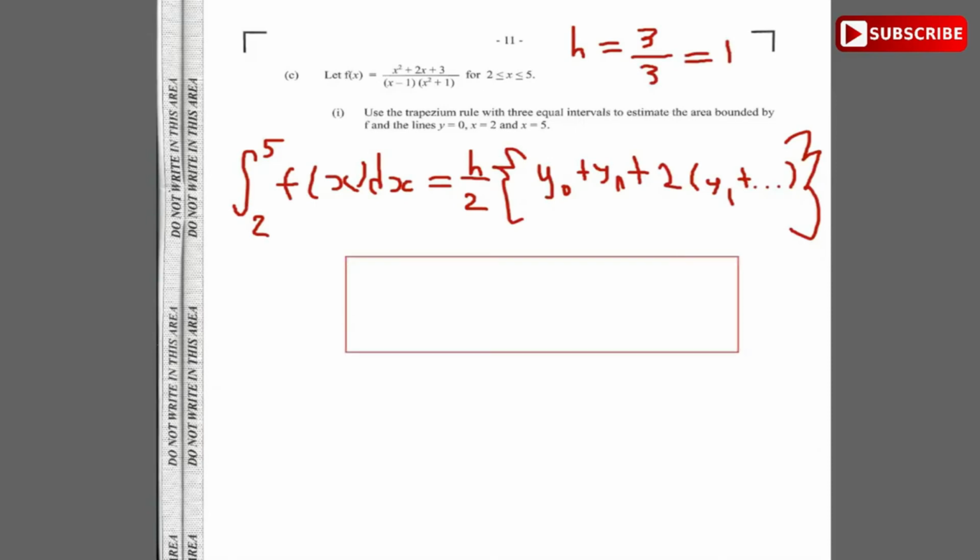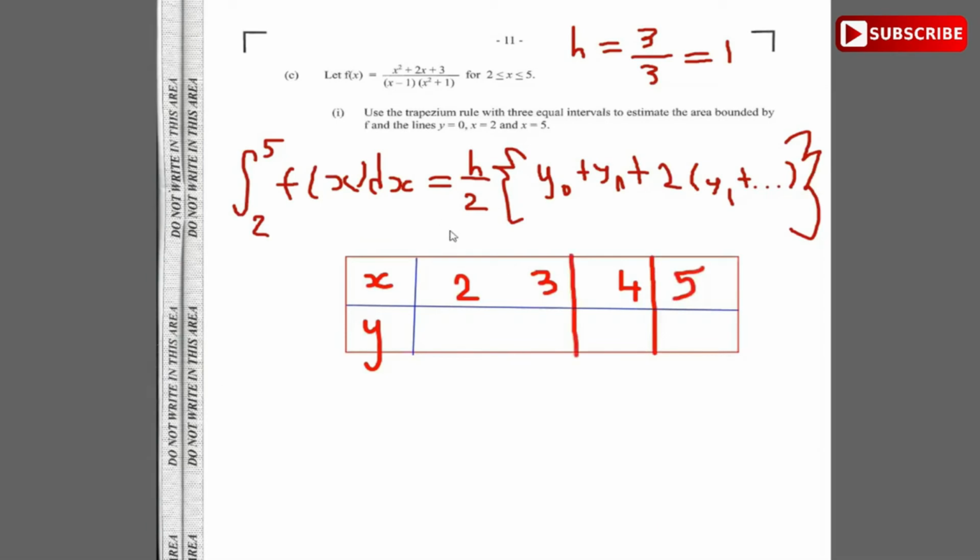My table just gives me my values of x and y for the different ordinates. This is x, and this is my y values. x is going to be from 2, then I go 3, then 4, then 5.